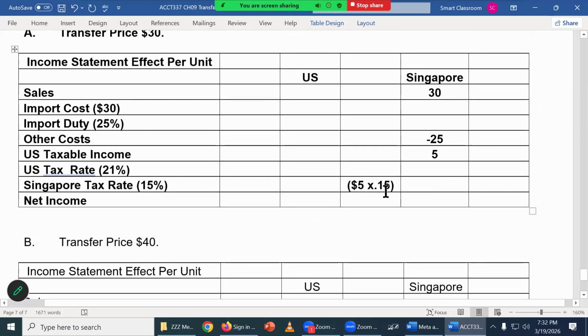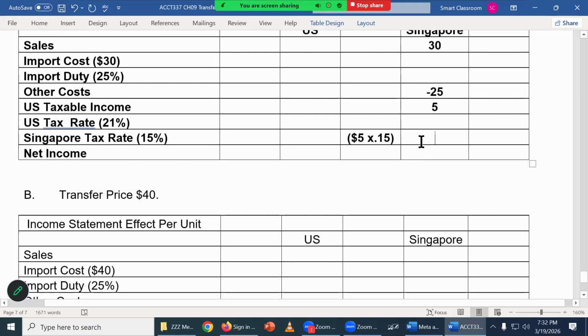Okay, so this would be 75 cents. Minus, we have to pay this in. So our net income for Singapore would be four.